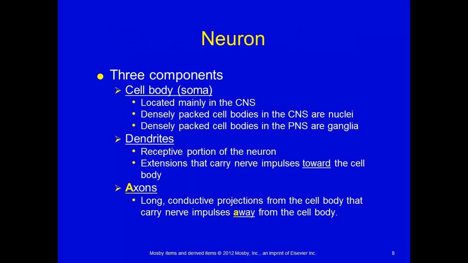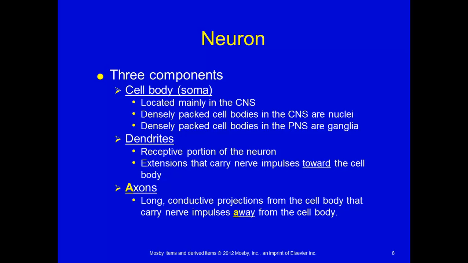So either working alone or working in units, neurons affect environmental changes in our bodies. They initiate body responses to something in our environment that our body senses through our sensory system. And they do all of this to maintain that healthy, normal, dynamic, steady state in our body. So the structure, as I mentioned already, can vary markedly from neuron to neuron.